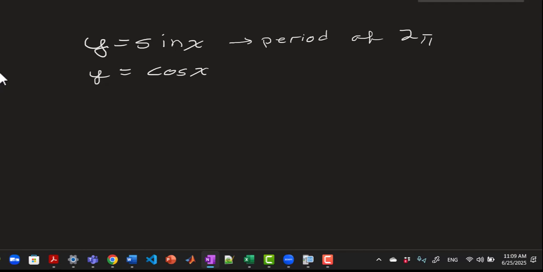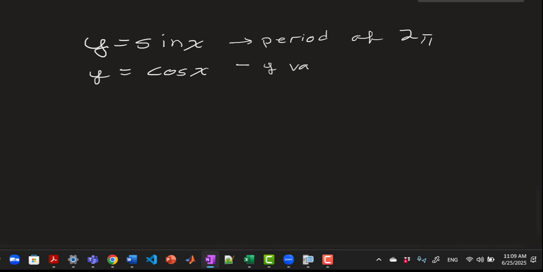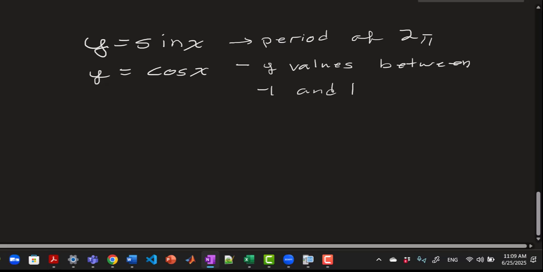But just think of it as the x-axis right now, and every 2 pi it completely repeats itself. And sine x also has y values between -1 and 1. It's always between -1 and 1 if you have y equals sine x.